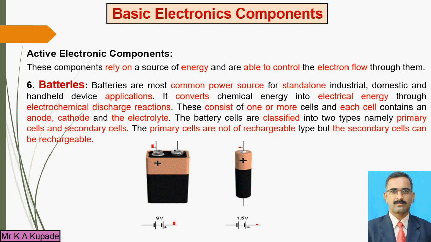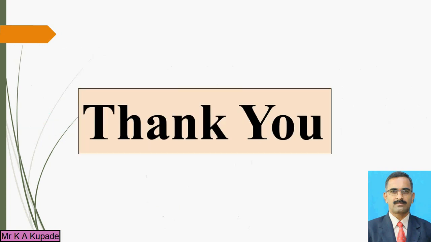Once the energy gets discharged, again you can charge it using a power source. So batteries are also important components in many electronic devices, which are operated on batteries. So these are some of the components I explained here.